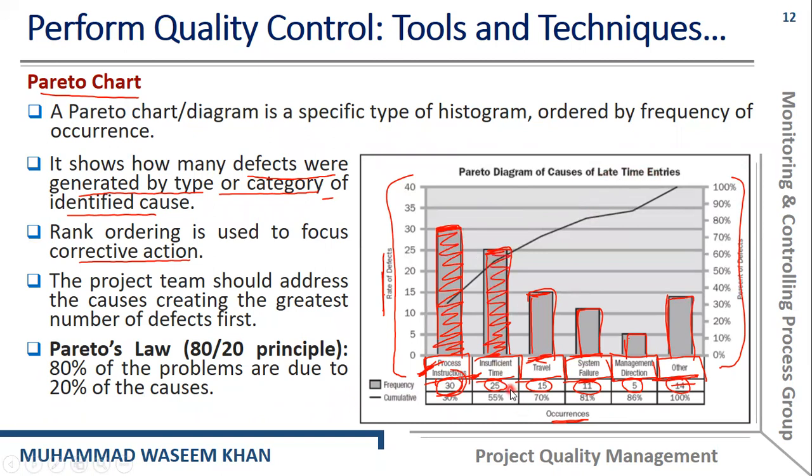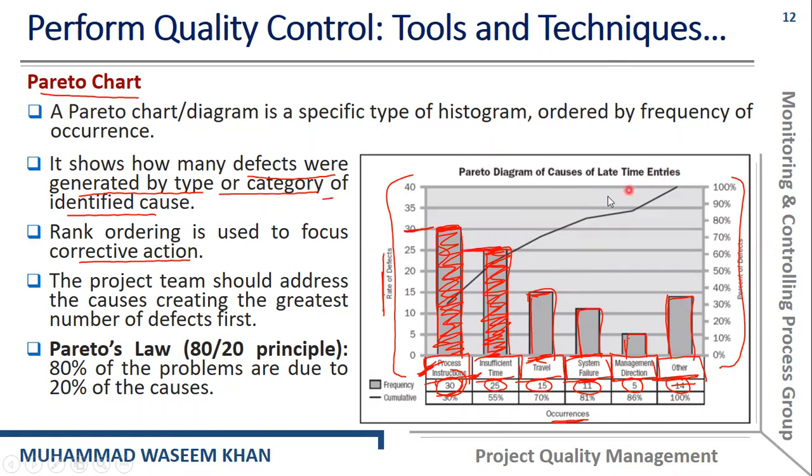Similarly, 25 insufficient time related causes are the basic reasons for the late time entries. These are the occurrences or frequencies of the different causes responsible for the late time entries.